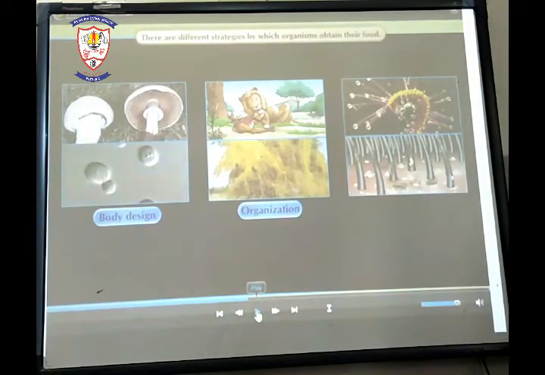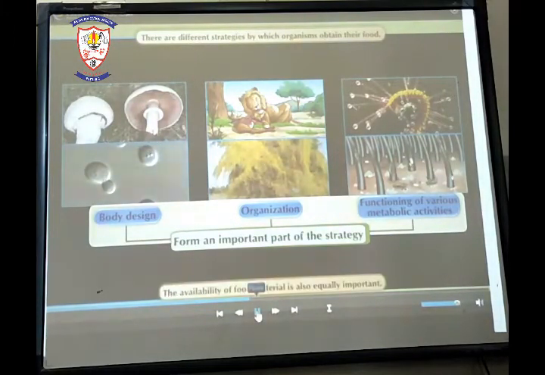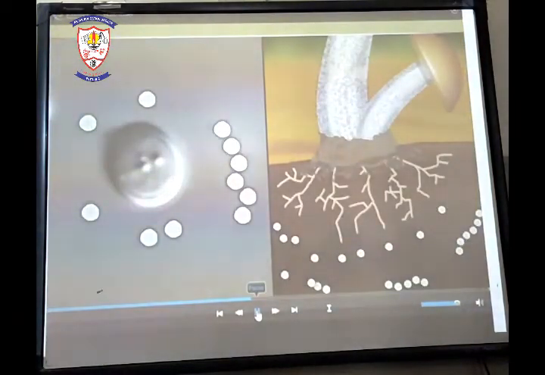The body design, organization and the functioning of various metabolic activities form an important part of the strategy, and the availability of food materials is also equally important for the heterotrophic nutritive process.